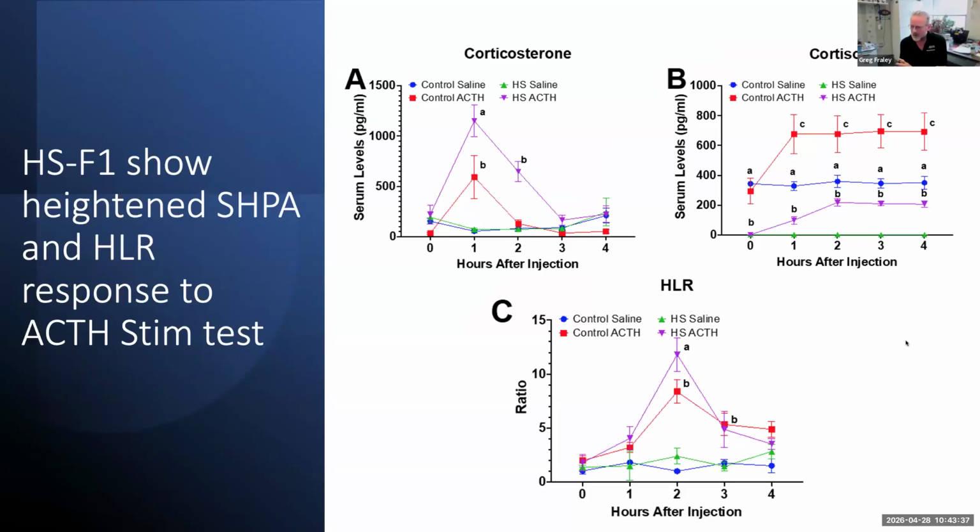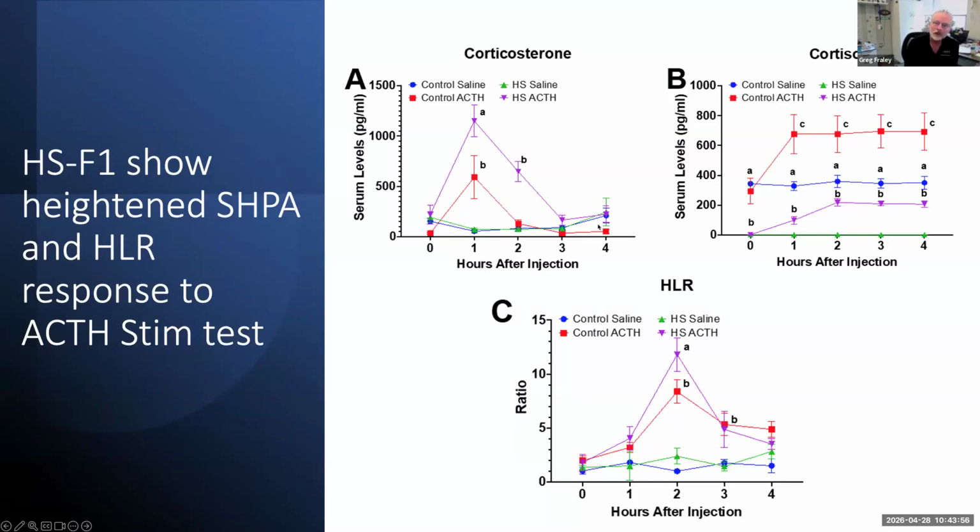And so again, we're not causing stress. We are simulating the response to a stressor by injecting ACTH, that anterior pituitary hormone that stimulates the adrenal cortical cells to release cortisol.